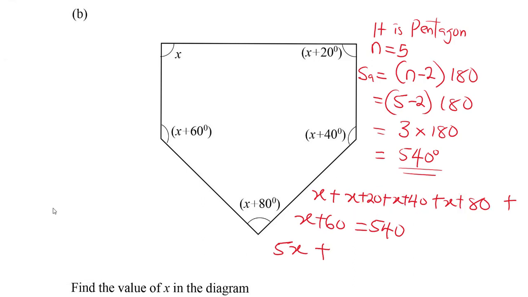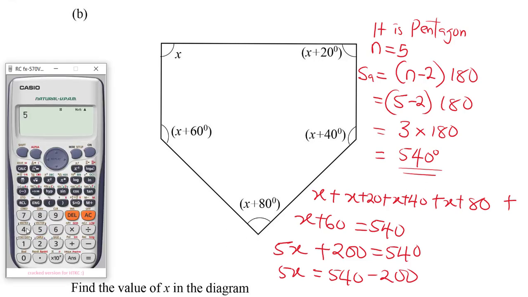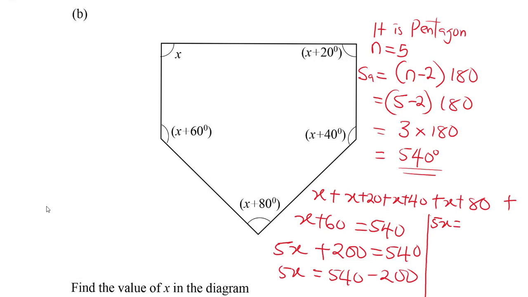So 5x plus 200 is equal to 540. This 200 will move to the other side as minus, so 5x is equal to 540 minus 200. 540 minus 200 is 340, so 5x is equal to 340.